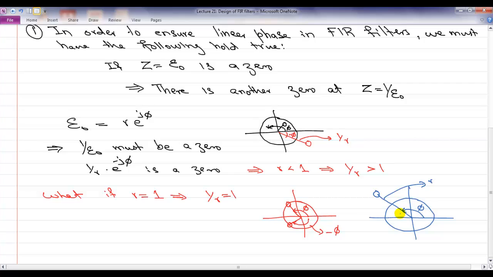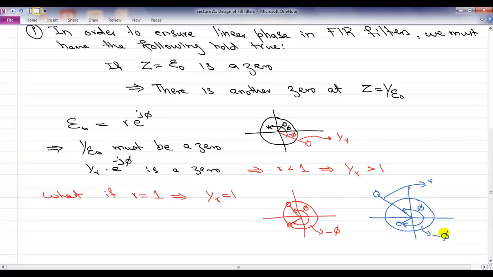Since r is now bigger than 1, 1 over r is less than 1, so I will have a 0 inside the unit circle, but its angle will be minus phi. Okay. So for every 0, you have to have another 0.